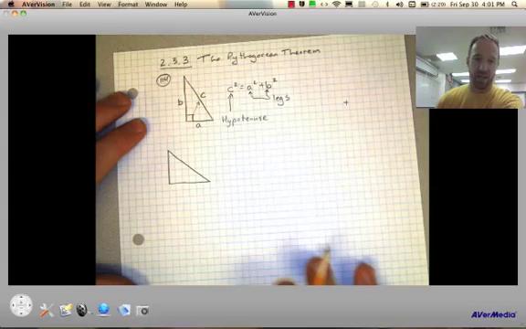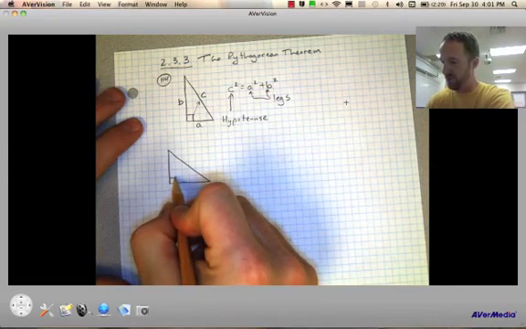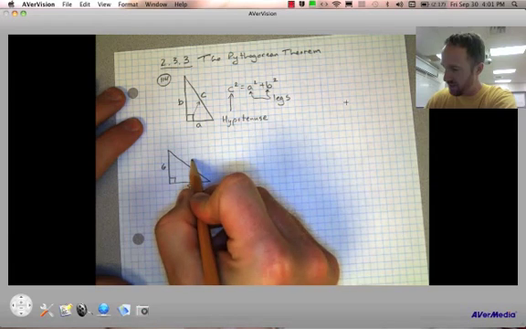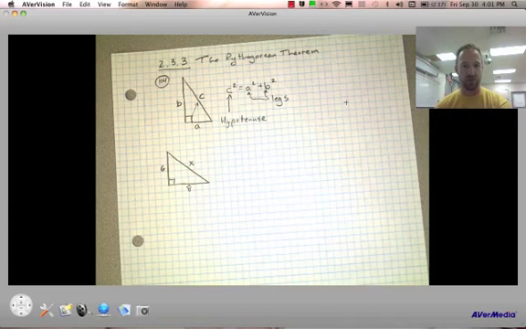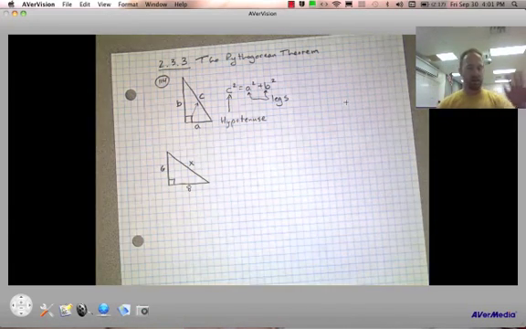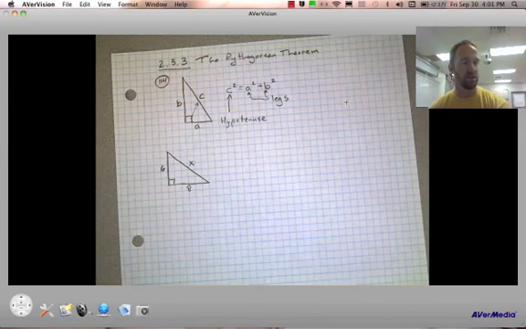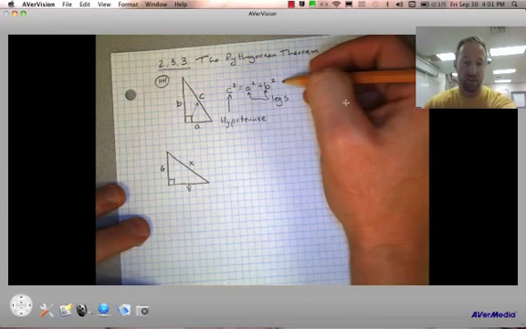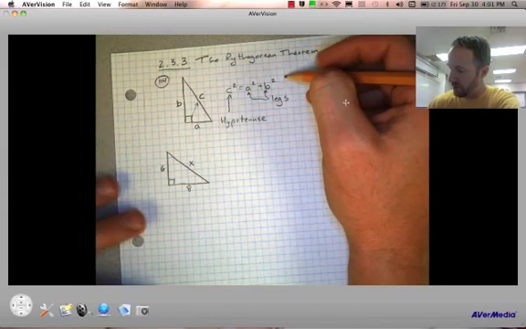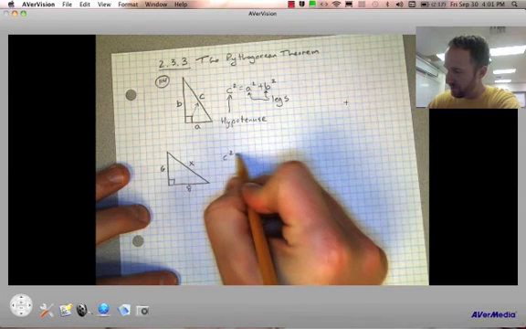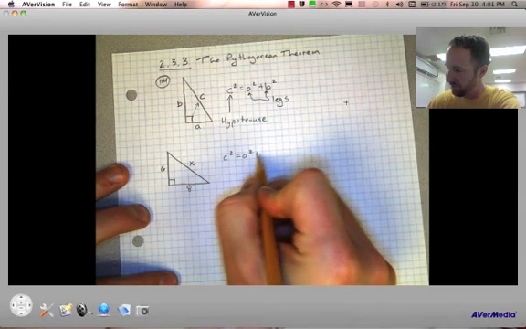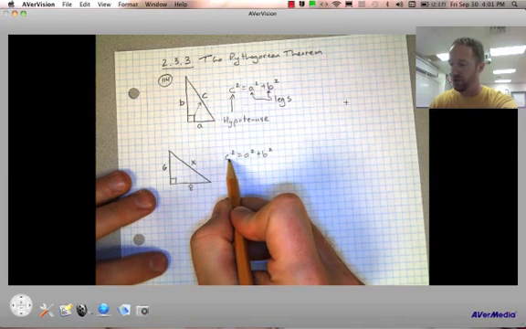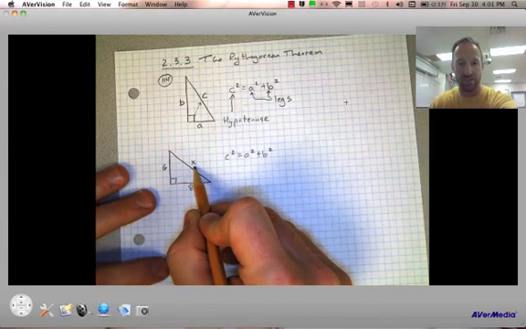So let's say we've got a right triangle. Here's our right angle. Let's say this side is 6, this side is 8, and that side is x. And we want to find that missing side. Now we had a long process for doing it a couple lessons ago, but this time we're going to use the Pythagorean theorem, and it's a lot easier. Okay, so let's write the formula down here. Now the longest side, also called the hypotenuse, is the one that goes here, and that number is x.